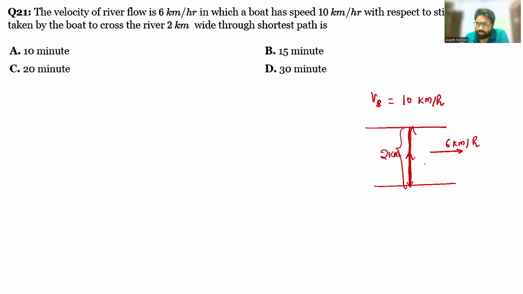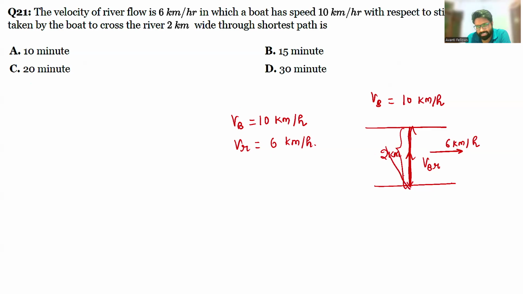So the velocity of boat with respect to river should be perpendicular to the river flow. Now in this case, velocity of boat is given by 10 kilometer per hour, velocity of river is given by 6 kilometer per hour. Now VBR is perpendicular to the river flow.